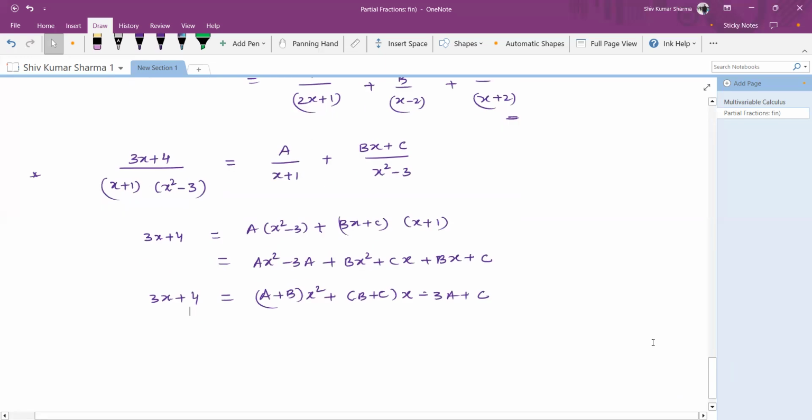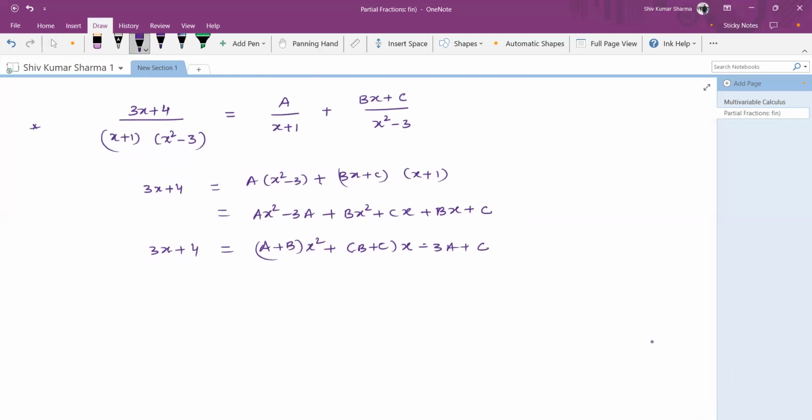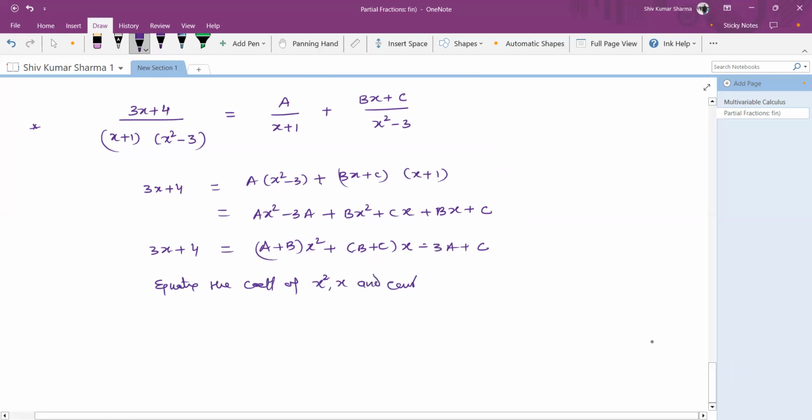Now equating the coefficients of x square, x and constants on both sides. So coefficient of x square, LHS is 0, 0 equal to a plus b. So we have first equation.